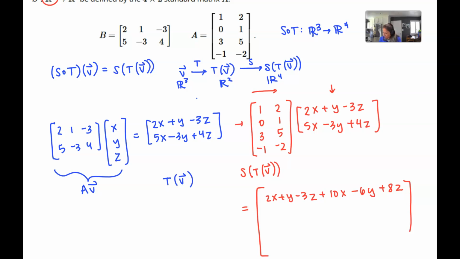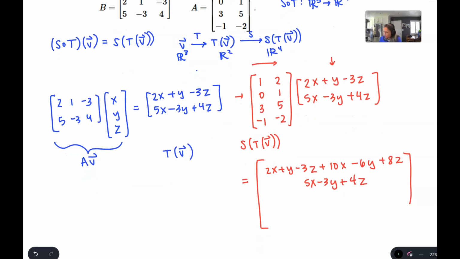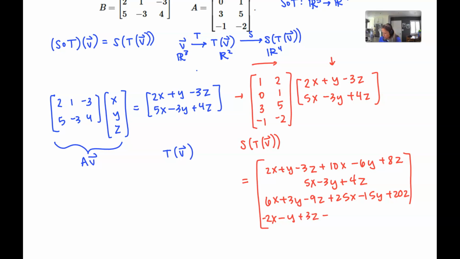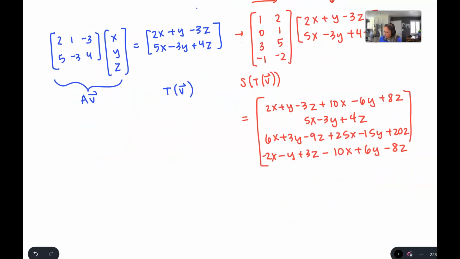I don't need any of the first one, I only need the second. Okay, 3 of the first, 6x plus 3y minus 9z, 5 of the second, plus 25x minus 15y plus 20z, and then a -1 and -2. Cute. All right, let me clean that all up.